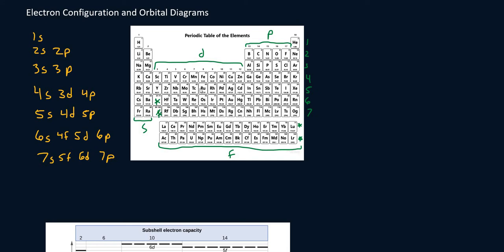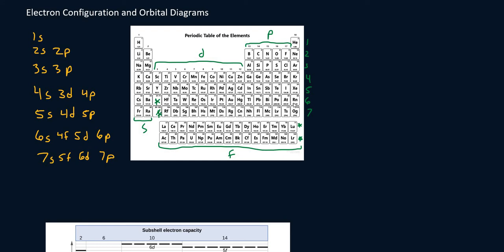5S, 4D, 5P. Then we come down here to 6S, and then after 6S we have 4F. So remember that F starts at 4. F block starts at 4. So we go 6S, 4F, 5D, 6P.